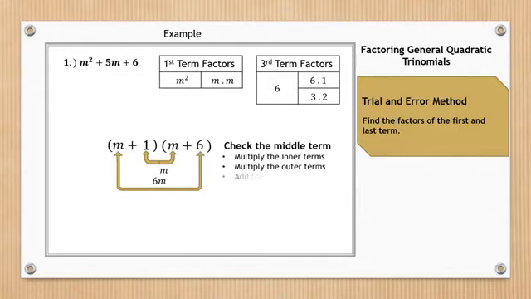So, next is, you have to add the results. Okay? So, you add this one. m times 6m. Always remember, class, pag may variable at walang coefficient na nakikita, walang katabi, that is automatic 1. Okay? So, meaning that is 1m. So, 1m plus 6m, that is equal to 7m.